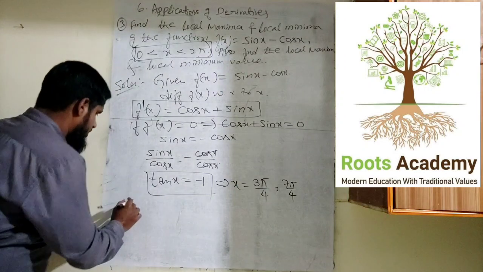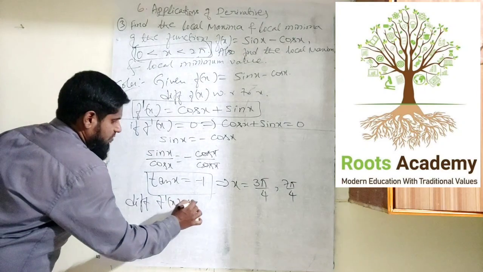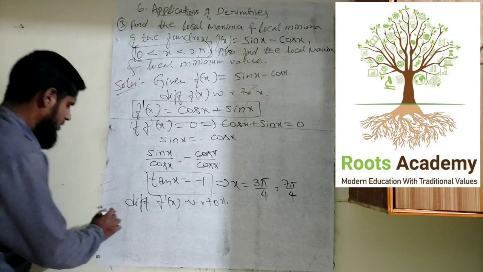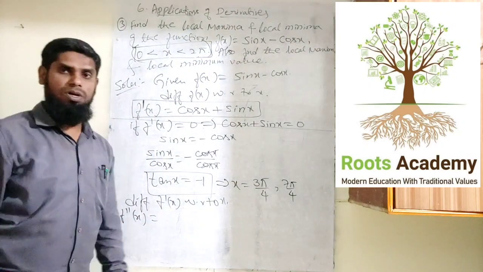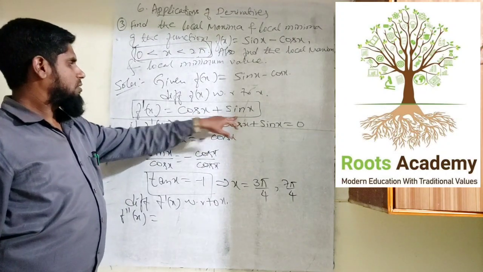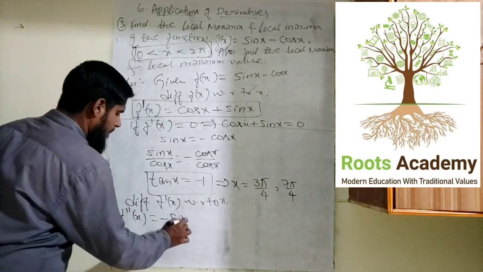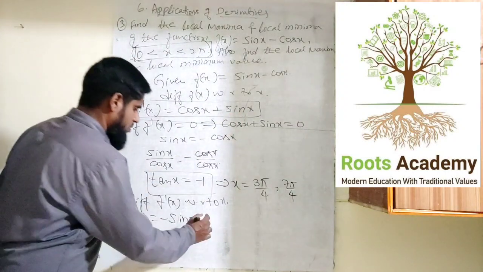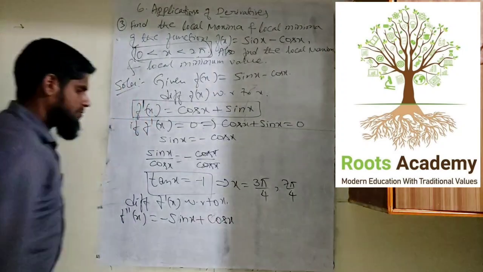Now differentiate f dash x with respect to x. What do I get? F double dash of x is equal to the derivative of cos x, which is minus sin x, plus the derivative of sin x, which is cos x.